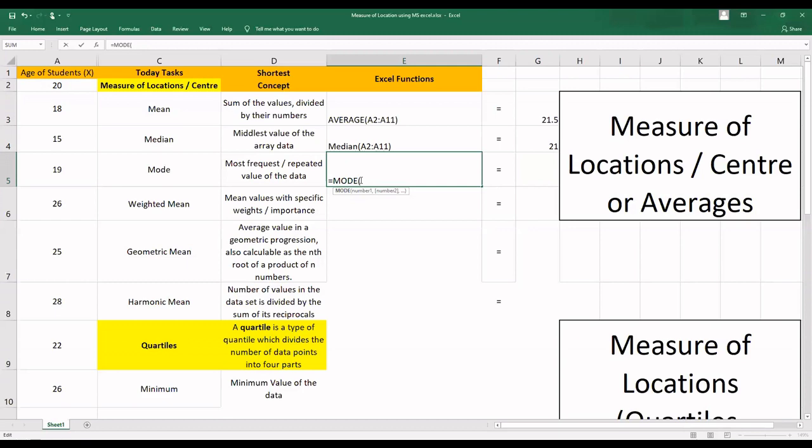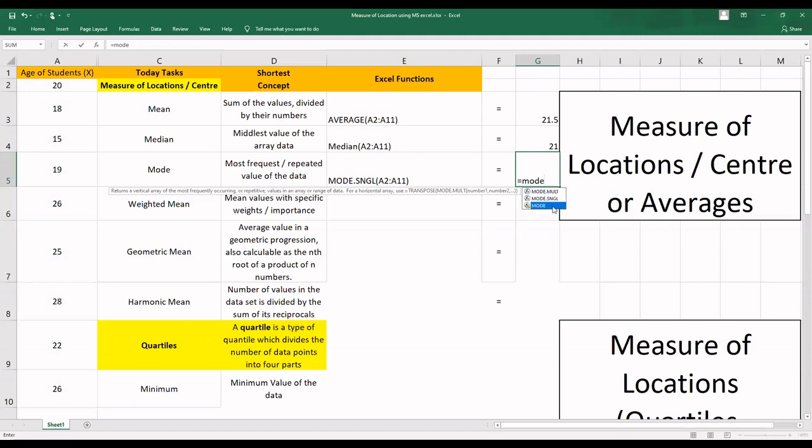Again we are selecting A2 to A11, the 11 values of the ages of the students. The value is 26. Again I can use the simple mode, A2 to A11. Have you seen the same answer?